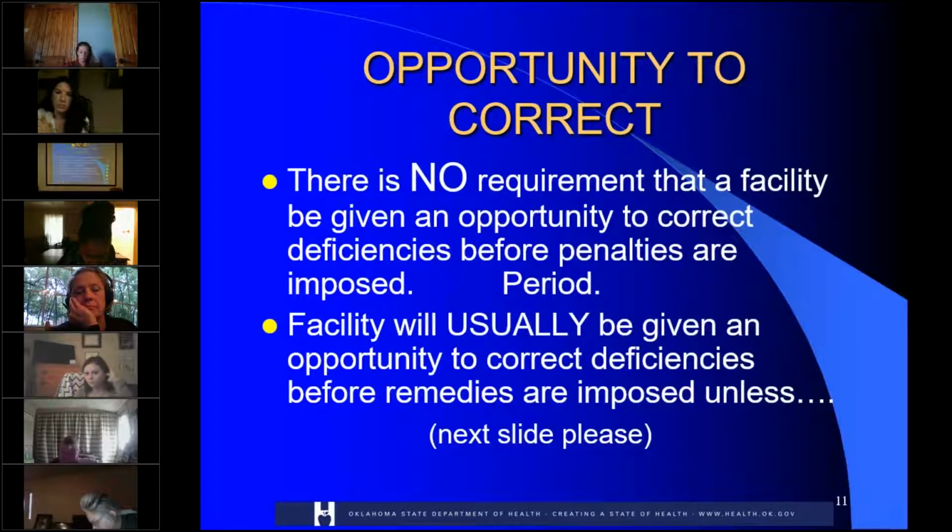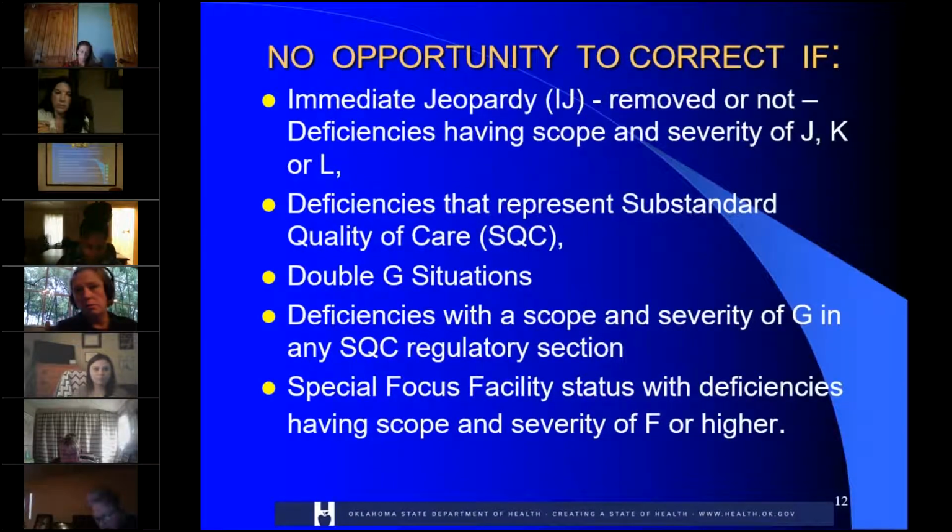There's no requirement that a facility be given an opportunity to correct deficiencies before penalties are imposed, period. That's just really the way that we do it. A facility will usually be given an opportunity to correct deficiencies before remedies are imposed, unless, one, they have an IJ, whether it's removed or not.